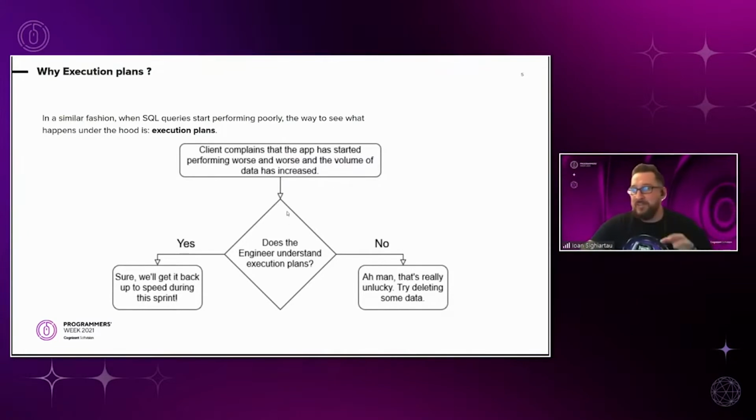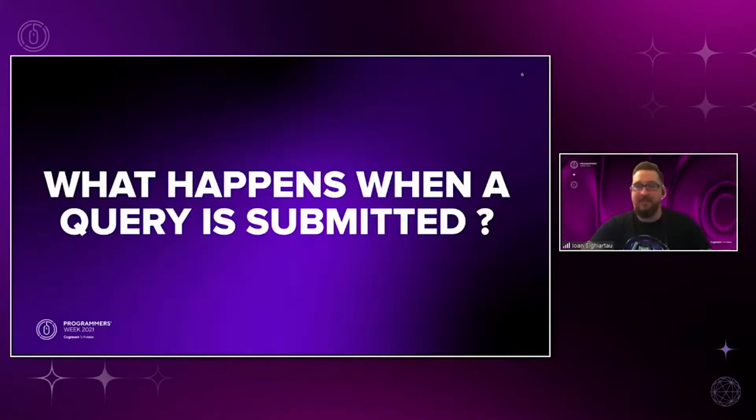So everything boils down to, do you as an engineer understand execution plans? If yes, then the answer is simple. Sure, we'll get back up to speed during the sprint. If not, the only reply you can have is something like, oh man, that's really unlucky. Try deleting some data. No one wants to hear that, let's be honest.